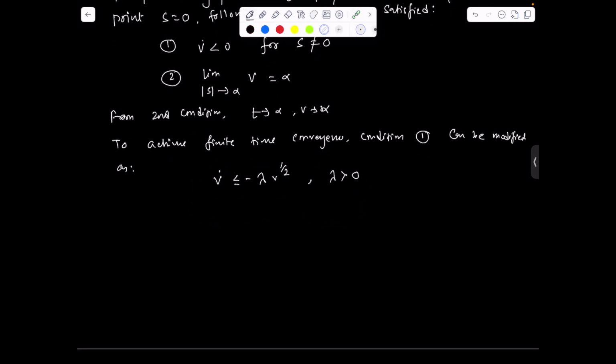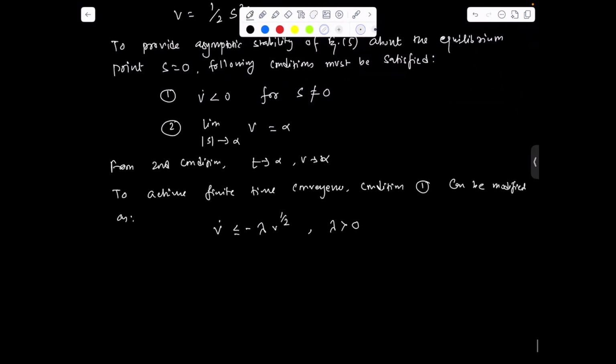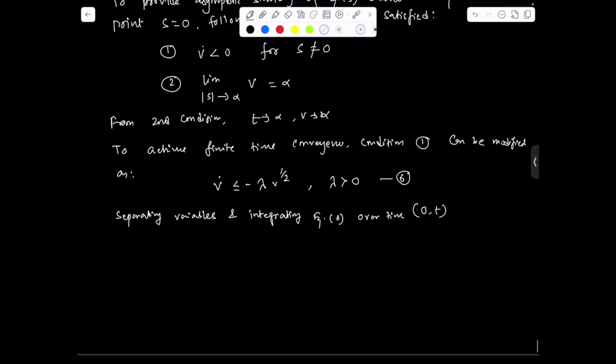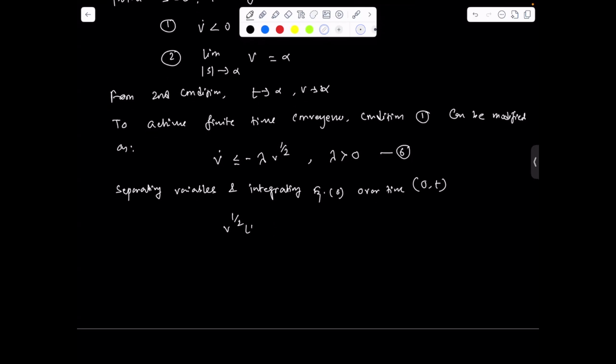And if you integrate this equation, let us define this as equation number 6, separating variables and integrating equation 6 over time 0 to t, we get V to the half of t less than or equal to minus half lambda t plus V to the half of naught.